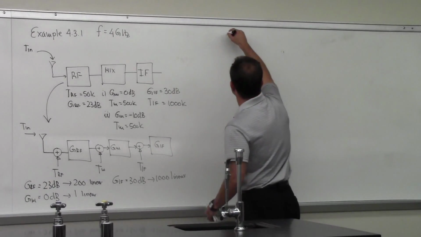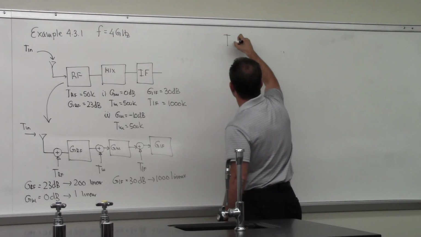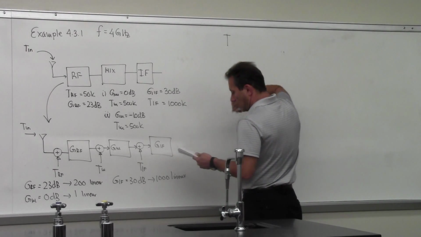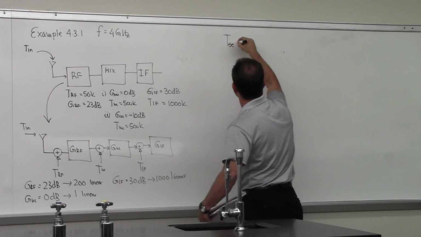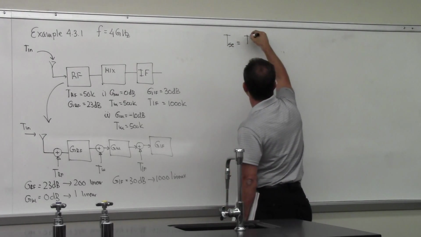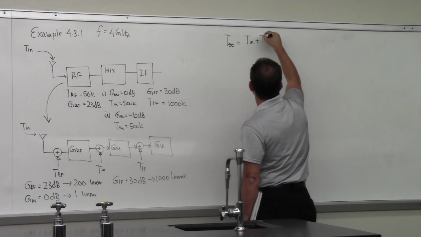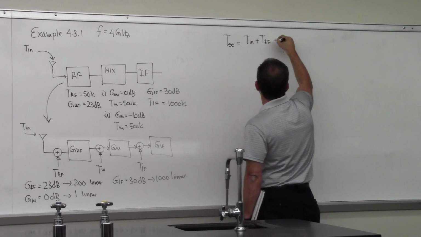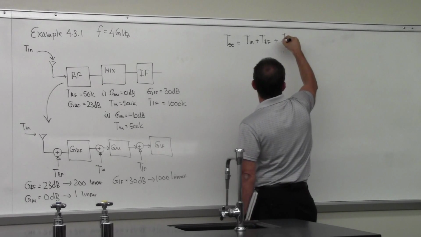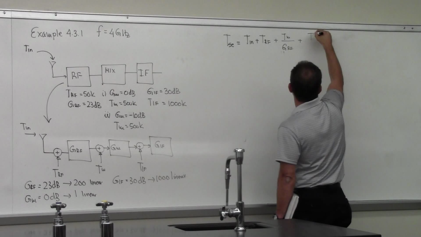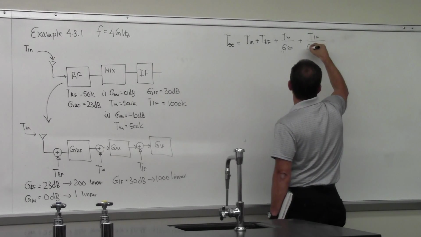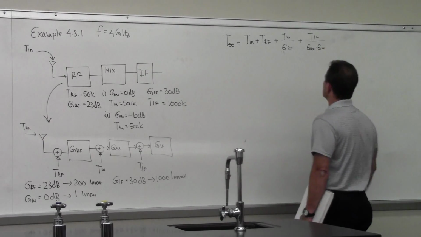So I can say now the T S equivalent is going to be your T in plus T RF plus T mixing divided by the gain of the RF stage, plus T of IF divided by the gain of the RF stage times the gain of the mixing stage.